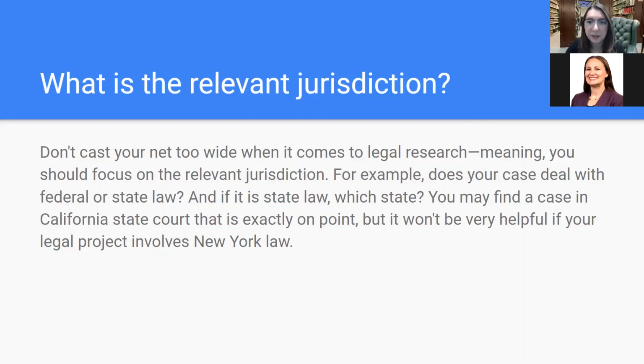You may find a case in a California state court that's exactly like yours, but it won't be very helpful if your legal project involves New York law. Something we get in the law library a lot is people who want case law for California and then relate it to their Nevada case, for example. It's not going to work because they're different jurisdictions, obviously.